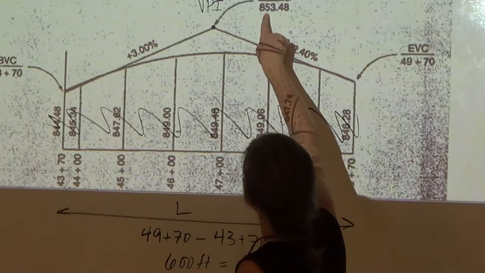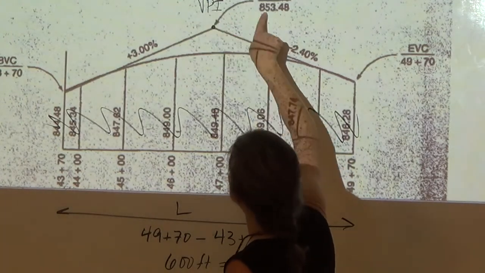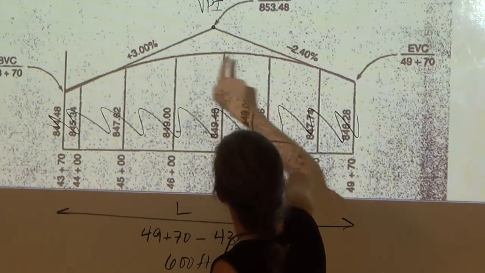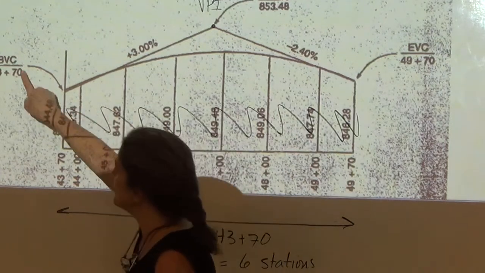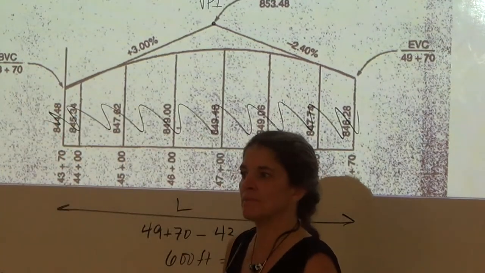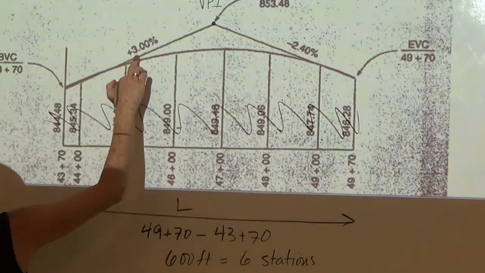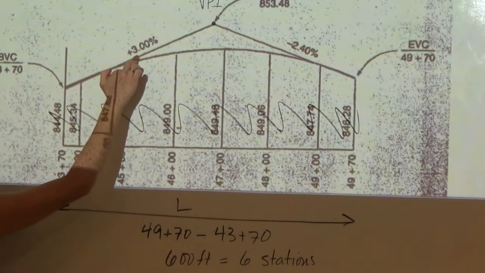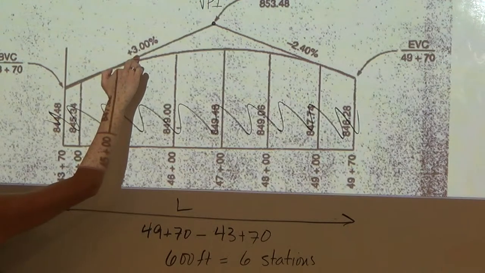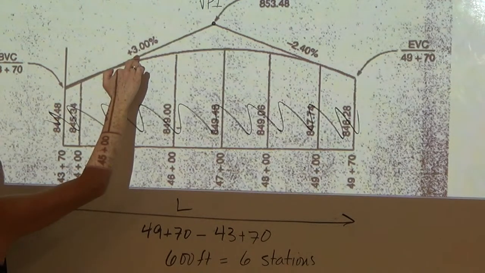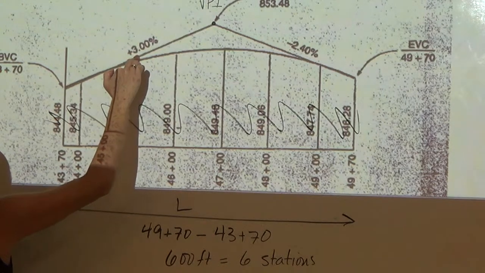If I am given the elevation of the VPI, and G1 and G2, can I figure out the elevation of the BVC? Yes. So what do we know? We know percent grade is equal to change in V over change in H times 100, right?